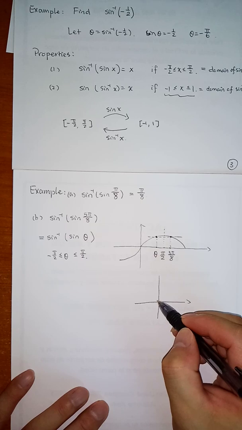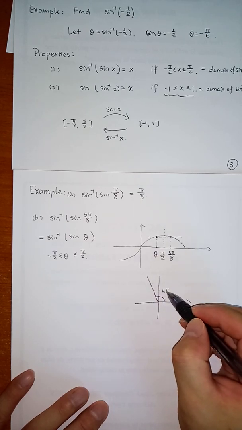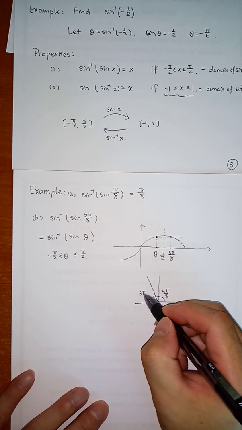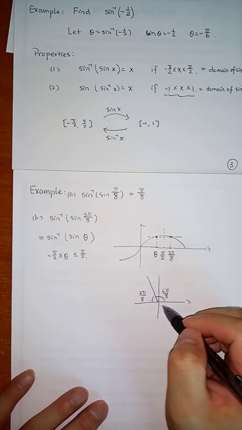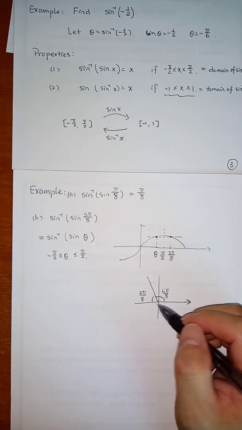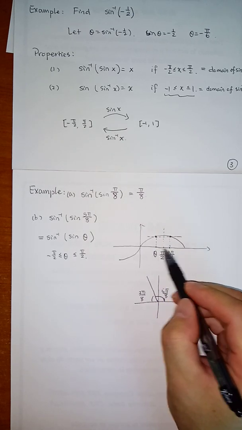Remember that this is 5 pi over 8. Its reference angle is 3 pi over 8. The reference angle has a sine of either the same value or with a negative sign, a different sign. And here, you check the relative position.